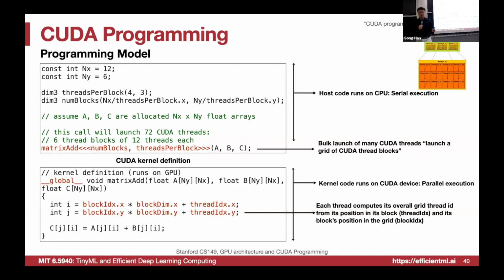So each thread is doing its workload according to its ID. And the workload they are doing is just A[i][j] plus B[j][i] in this case. So uniquely identify your workload according to your index. Each thread computes its overall grid position from its position in the block.